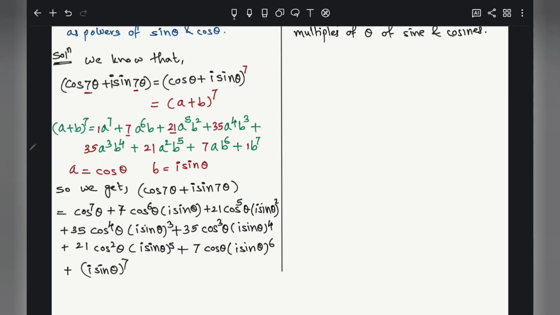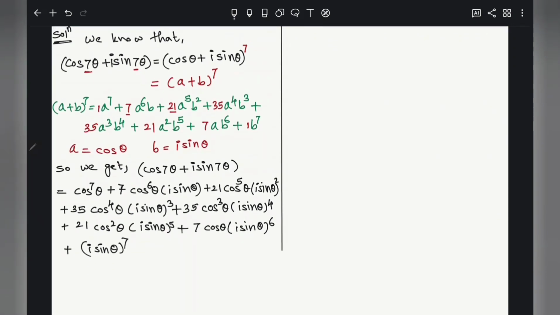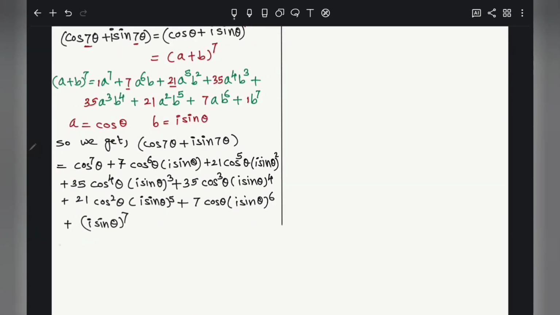So look here, I have just substituted all the values and now we will continue for finding the i powers. So this will be i 7 cos^6 theta sin theta, then here it will be i squared, so minus 21 cos^5 theta sin^2 theta.